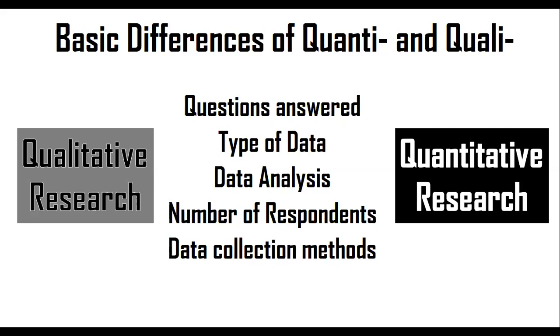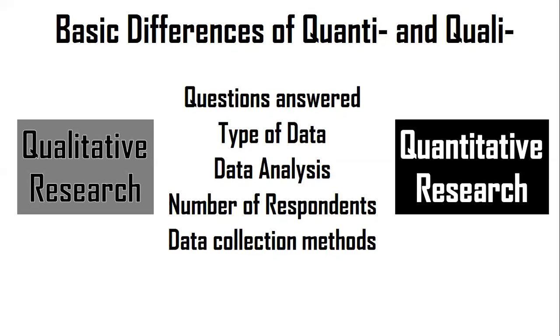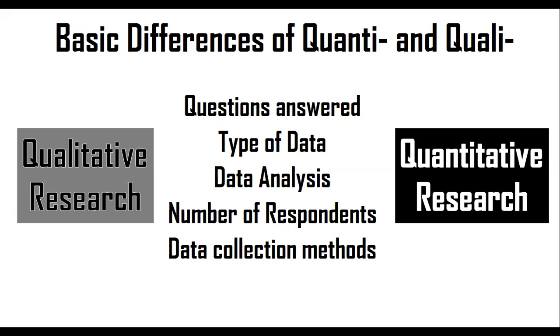Okay, so let's proceed to the next one. Since we just talked about the interview, the survey, and such, let's go to data collection methods. In qualitative, it is mostly through interviews and focus groups or focus group discussions. And you are going to ask open-ended questions verbally to the respondents, like, why do you like vanilla ice cream?